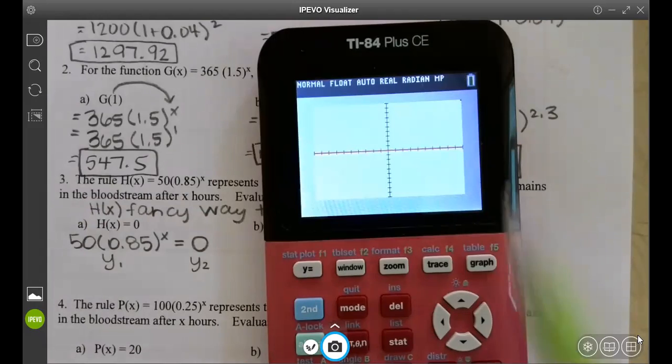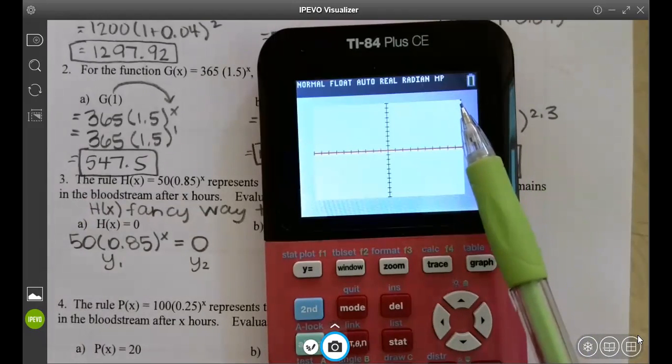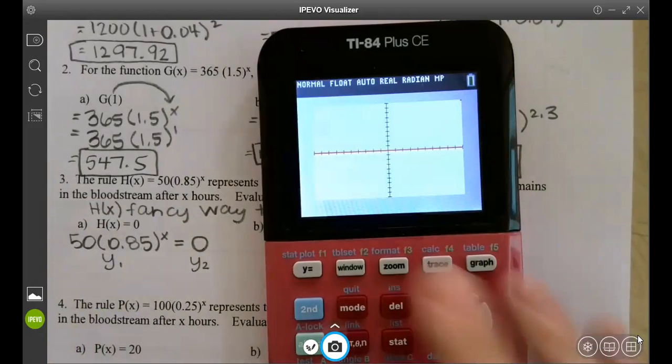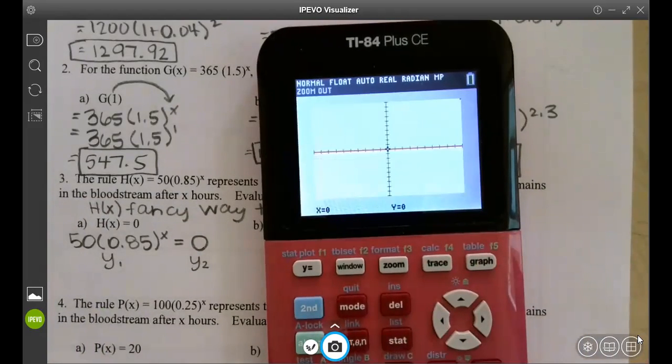If you look in the corner, see that little tiny dot? This one starts at 50, so it's really far away. So I got to zoom out, okay? So if you don't see it, zoom out. There's my blue line. There's my red line. Once you can see them, you might have to zoom in, you might have to zoom out.